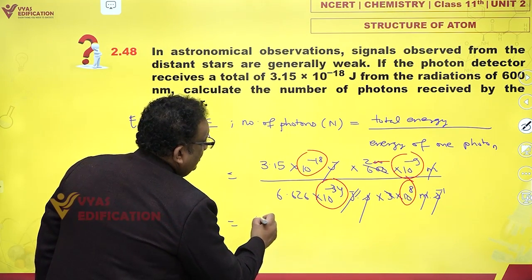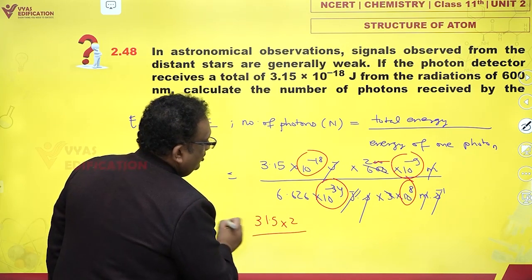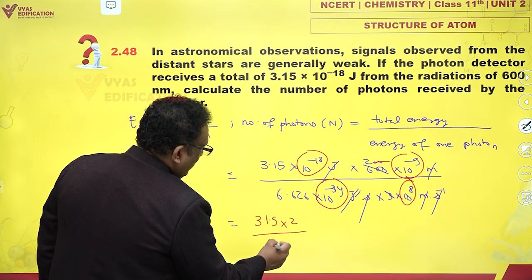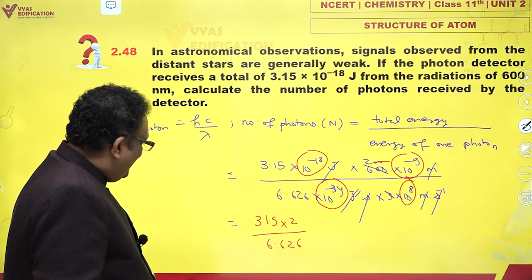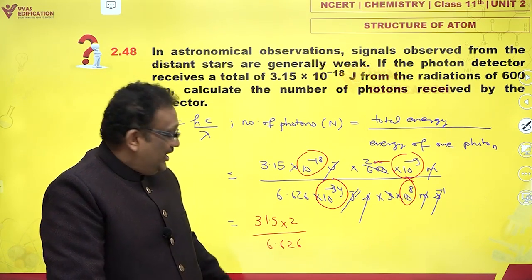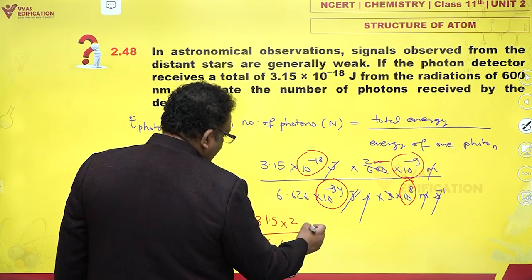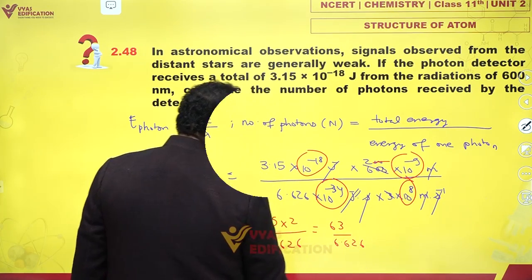That is 31.5 into 2, 1 zero adjusted here, divided by 6.626. Firstly, number of photons has to be an integer. So naturally, I should get some integer. This is 63 by 6.626.